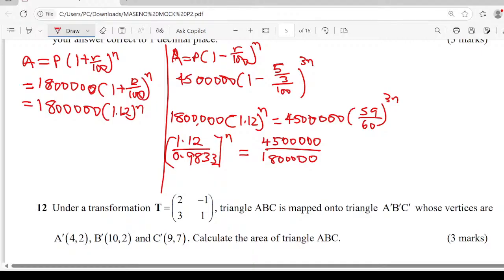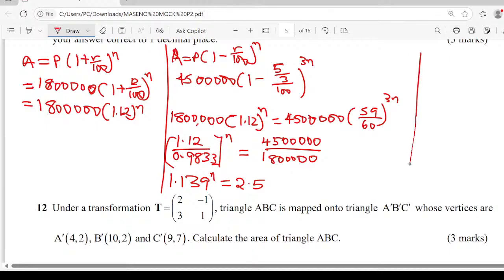I'm going to get 0.9833. I'm getting here 1.139, maybe power n, being equivalent to 2.5.